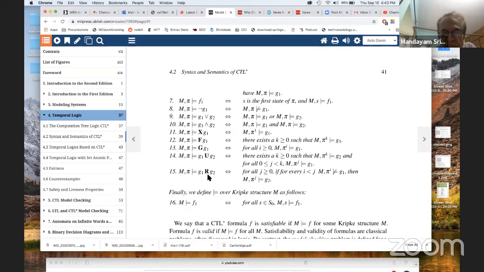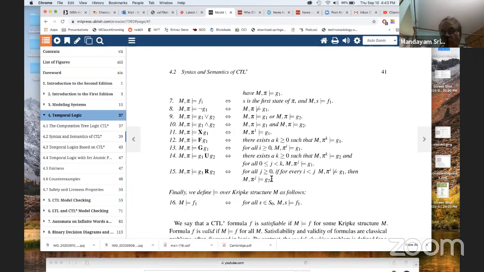So this is the dual, which says G1 releases G2. That's how you should interpret it. G2 has to continuously hold up to the point, and including the point, where G1 becomes true, if ever G1 is true at all. It does not require that G1 ever be true, in which case G2 has to be true forever.